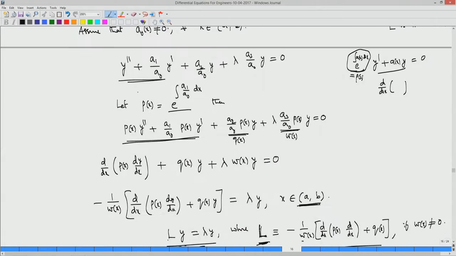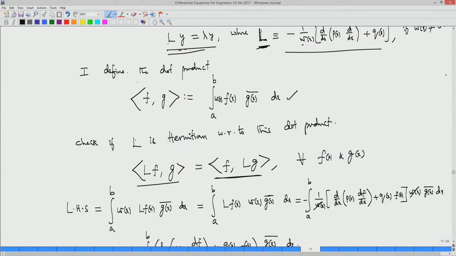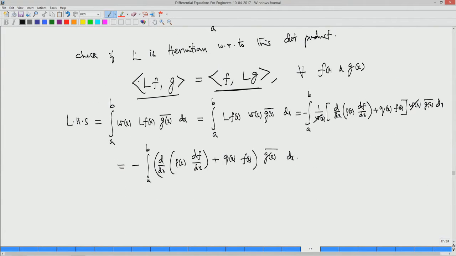In the last video we calculated this. If you want to show that L is Hermitian, this is the definition we have seen: this dot product should be the same for every function f and g. You take any functions f and g, and this should be satisfied.